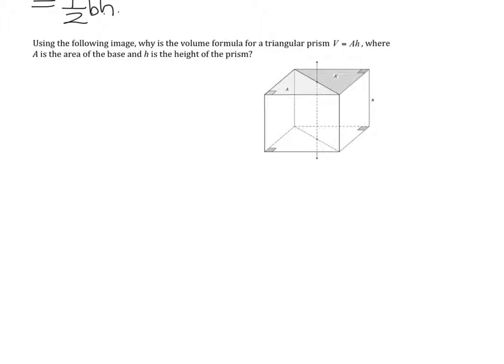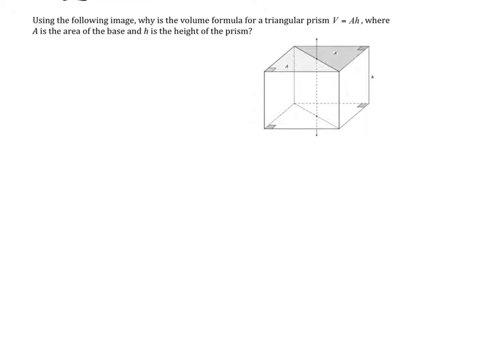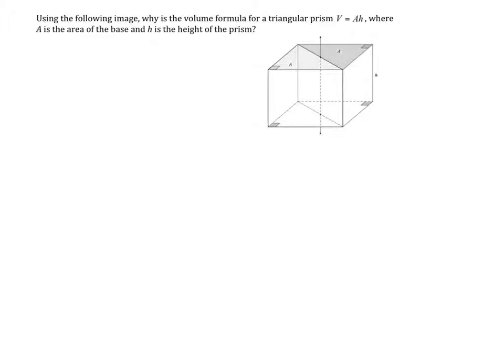Using the following image, why is the volume formula for a triangular prism V equal to capital A times H, where A is the area of the base and H is the height of the prism? The copy of a triangular prism with a right triangle base can be rotated about the axis shown so that the two triangular prisms together form a rectangular prism with a volume 2 times capital A times H, where capital A is the area of the base.